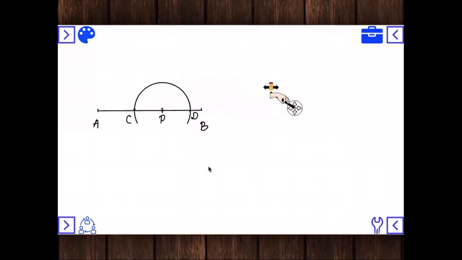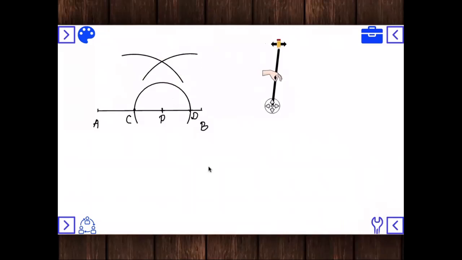Next step, we put a compass on C and we choose a suitable radius and we draw an arc. With the same radius, we move the compass to point D and we draw another arc. And these 2 arcs must have an intersection.